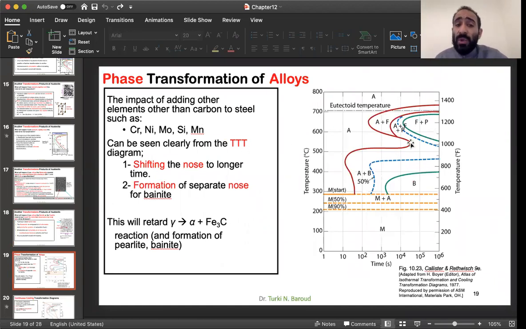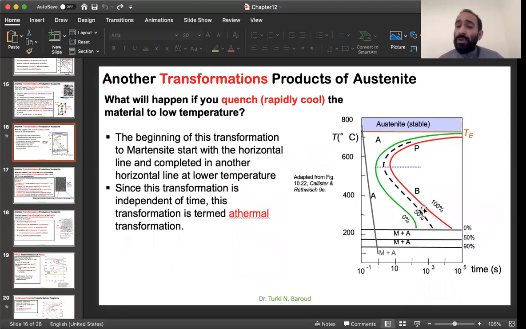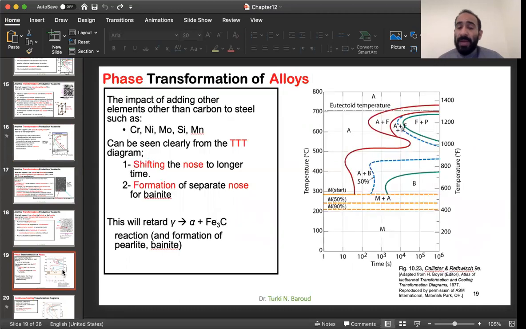Okay, so the main difference is now you have two noses instead of one. Initially you have only one nose, and now here you have two noses. One is for pearlite, one is for bainite. This is the main difference number one.